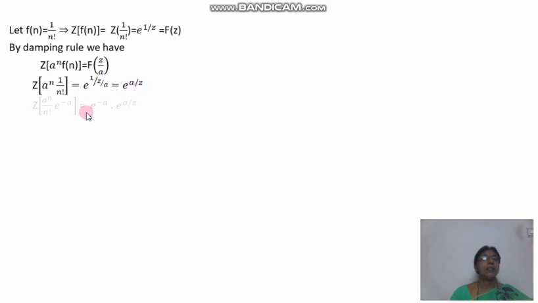Now see, take equation 1. What is equation 1? Z transform of a power n by n factorial e power minus a is equal to e power minus a into z transform of this one.